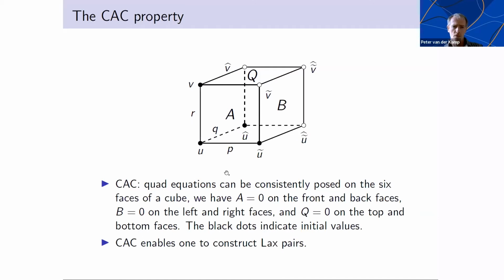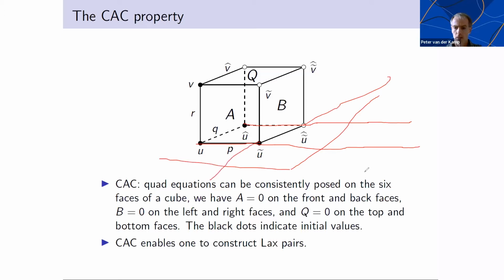CAC means consistency around the cube. So here is a cube. We will be dealing with lattice equations. So that means we have a lattice. Here is a lattice on the kind of ground floor. You can extend all these lines and you get a lattice.